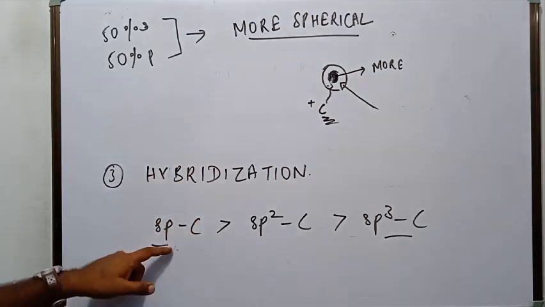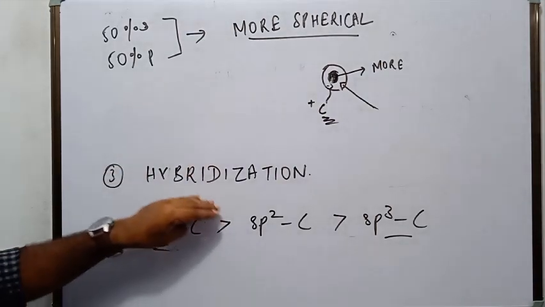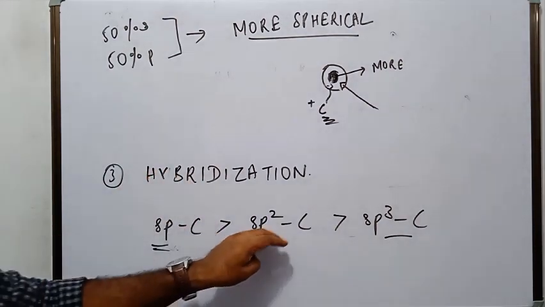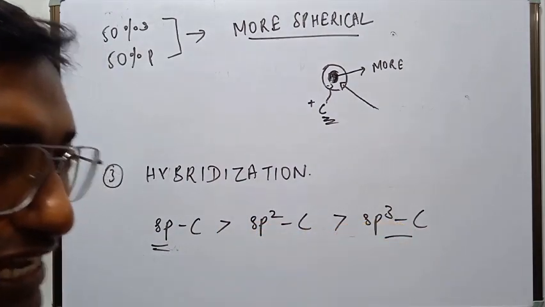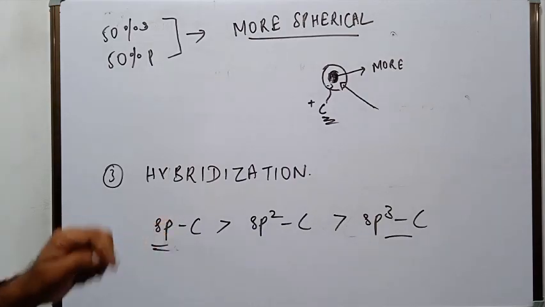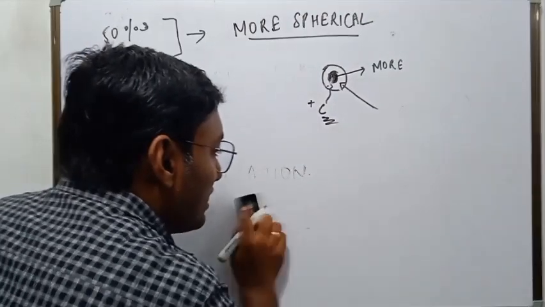So an sp hybridized carbon, because it has more s character, has more polarity. It is more electronegative than an sp2 carbon atom, which is more electronegative than an sp3 carbon atom, which is not at all electronegative. So the sp carbon atom has the capability to exhibit polarity.